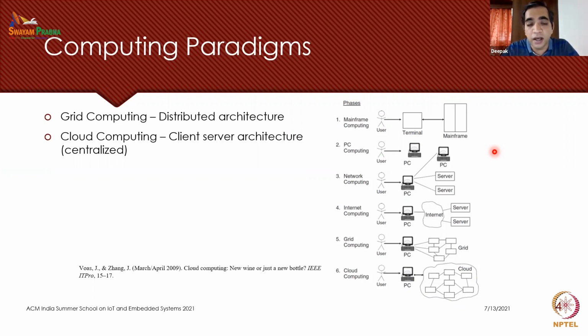But you have to remember, if you compare it with grid computing, it's still a centralized kind of architecture and not a distributed architecture. Yeah, so that's the key difference between grid computing and cloud computing.